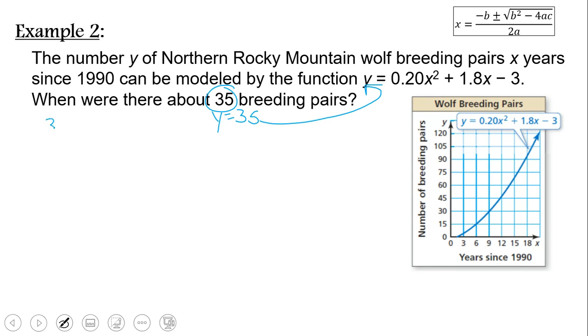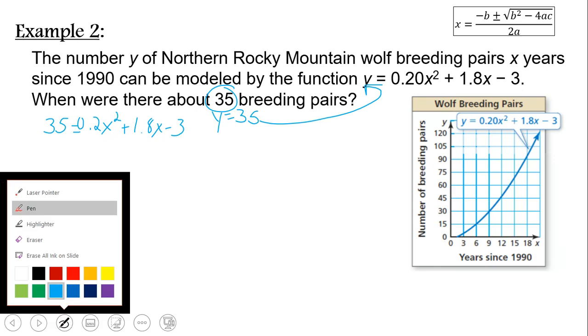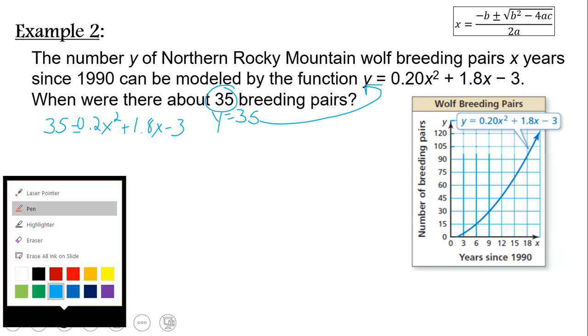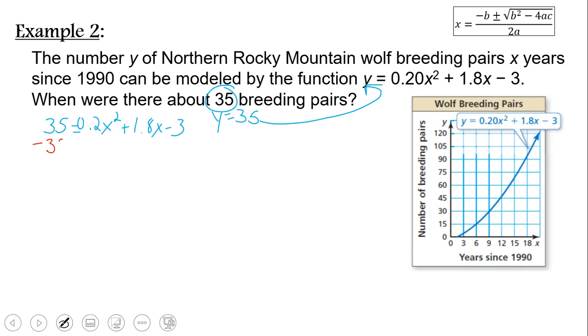So we're going to end up getting 35 equals 0.2x squared plus 1.8x minus 3. So step 1 is going to be to subtract that 35 to get it equal to 0. So the function that we're actually solving here is 0 equals 0.20x squared plus 1.8x minus 38.